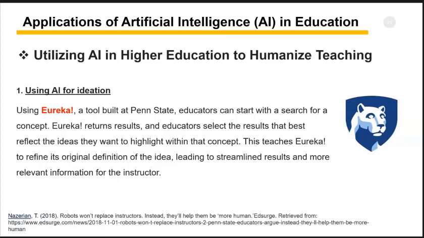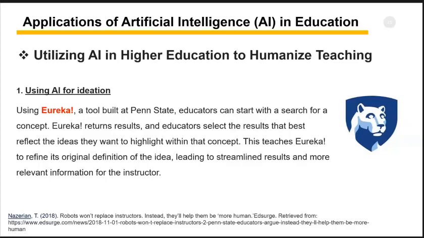Penn State University is a great university, and it made a huge effort in utilizing AI in humanizing teaching. One of the applications it has created is using AI for ideation. It built an application called Eureka.